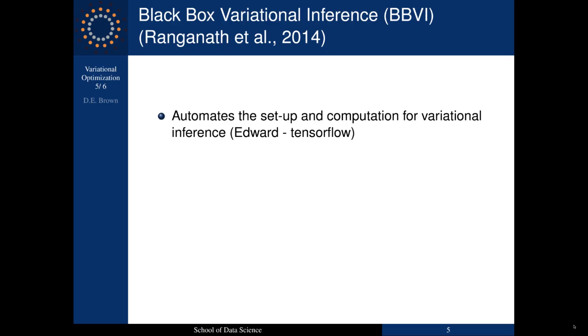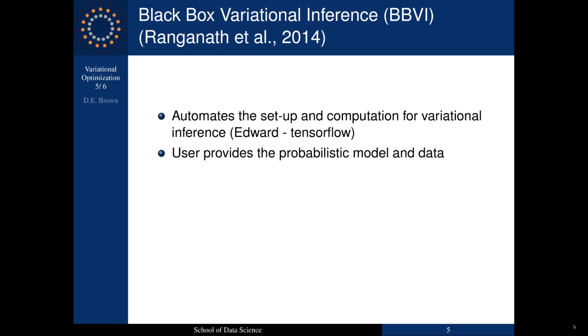But Edward 2 is not widely available yet. So as of this video, Edward is available, but Edward 2 is not as widely available. Although, as I said, by the time you listen to it, it may be more available, and it may be something that people are using more than they were at the time that I recorded this video lecture.